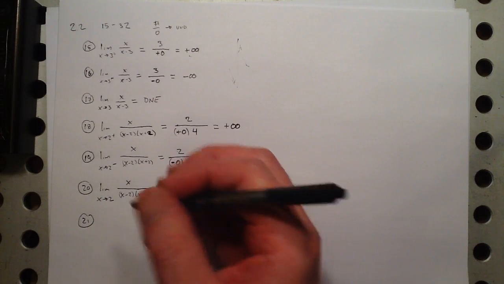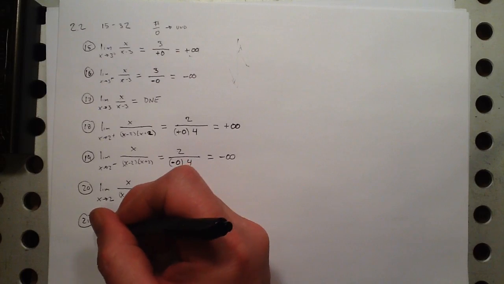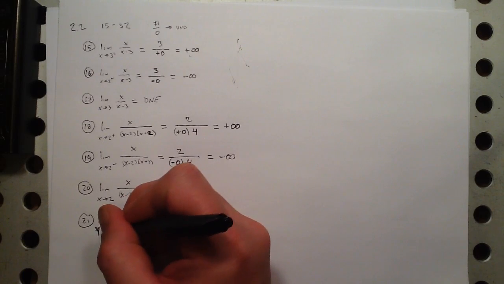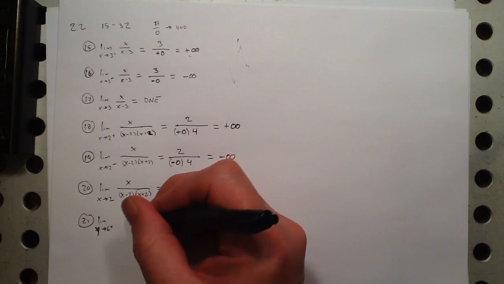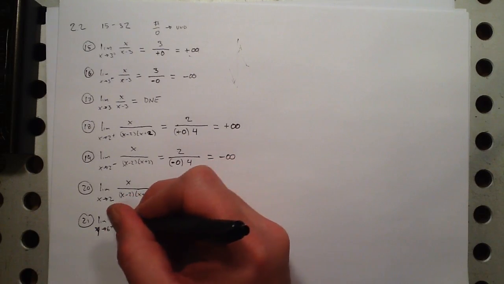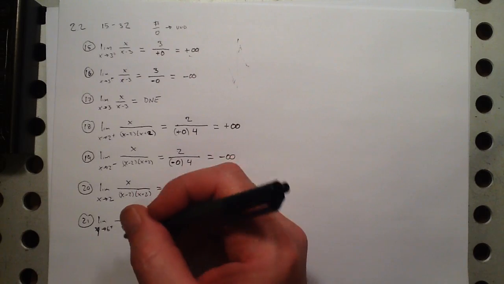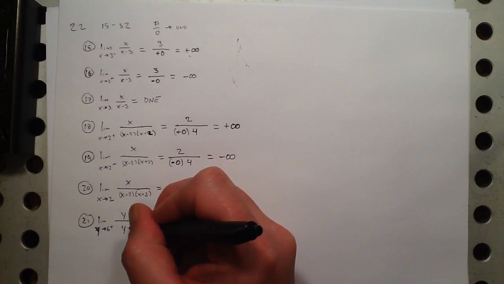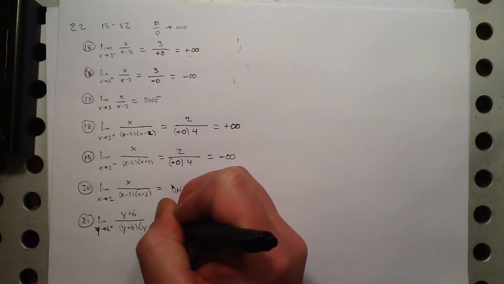Number 21. What's the limit as, this time I'm using y, as y approaches 6 from the positive side, of y plus 6 over y squared minus 36, that's y plus 6 and y minus 6.